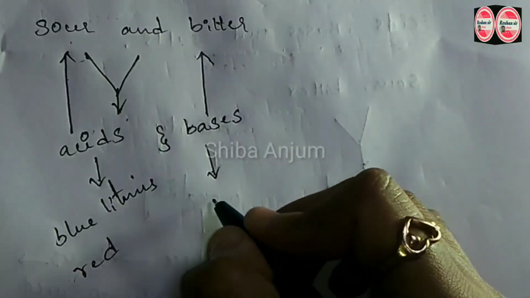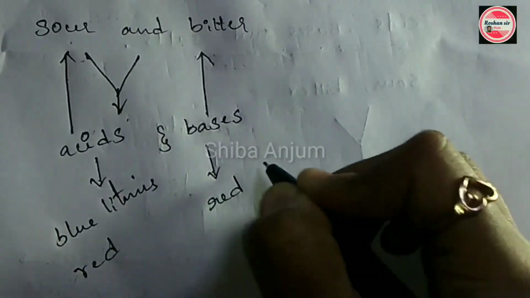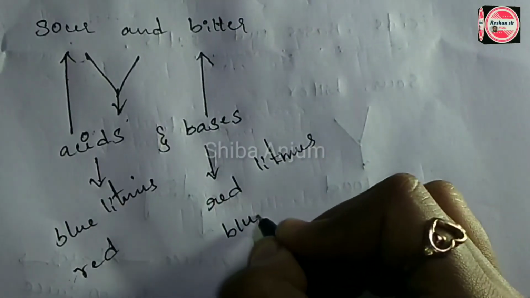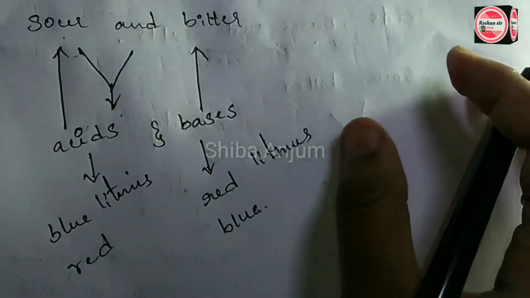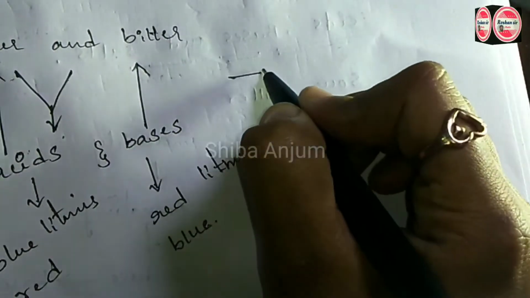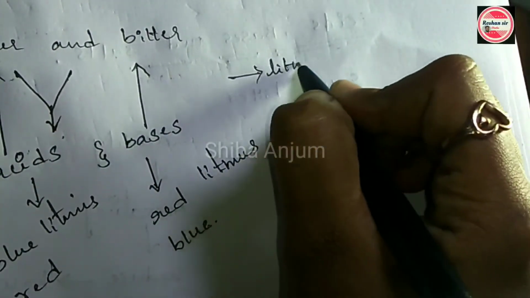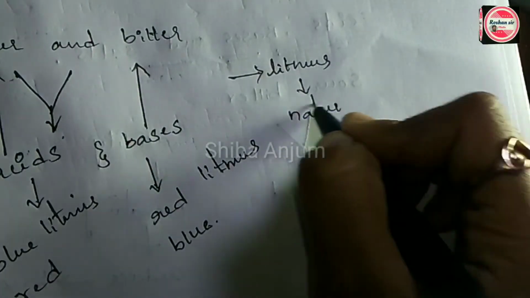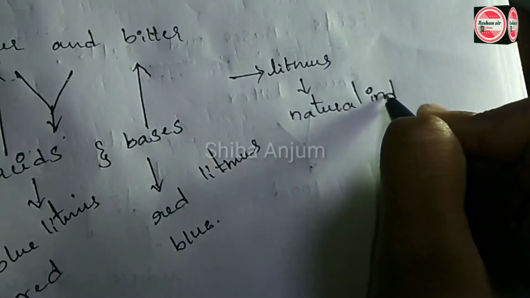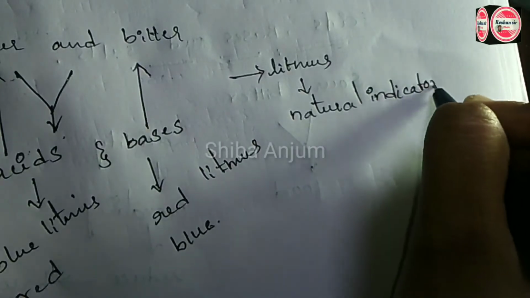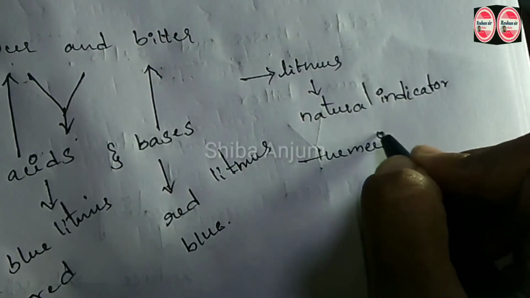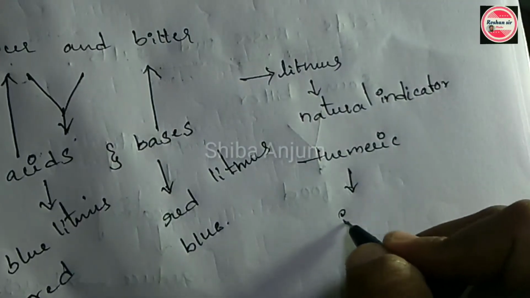And bases change color from red litmus to blue. Litmus is a natural indicator. Turmeric is another such indicator.